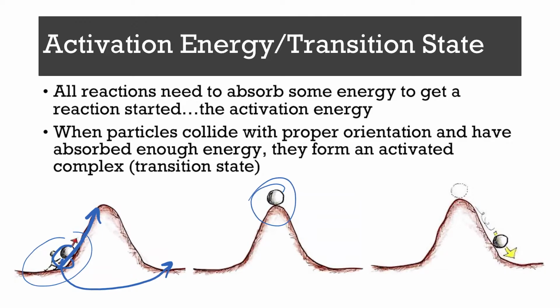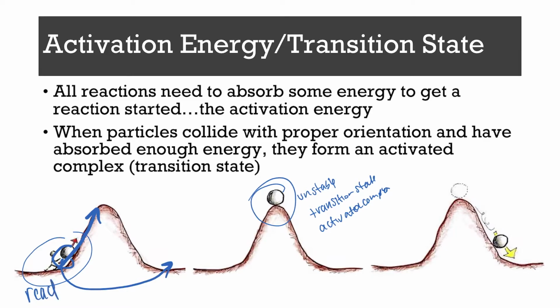Once you have that rock on the top of the hill, it's sitting there very precariously. This is our unstable transition state. We can call it our activated complex, and that's our mix between things.